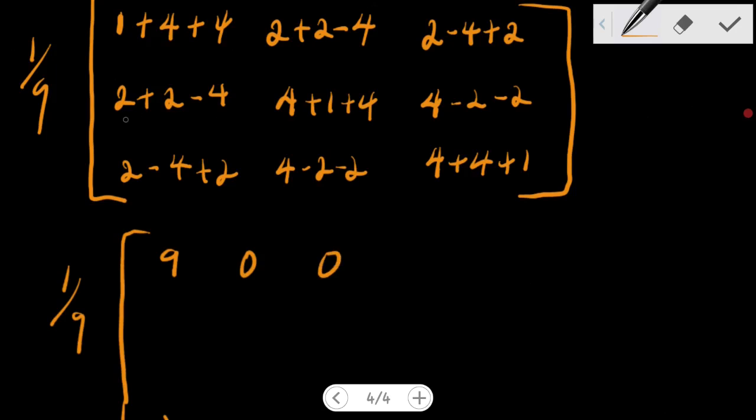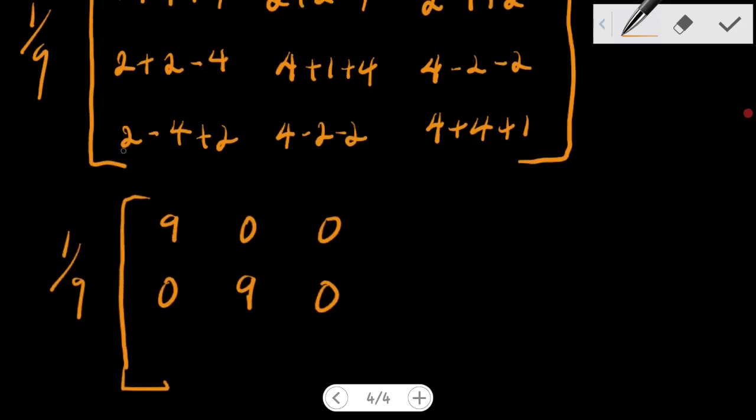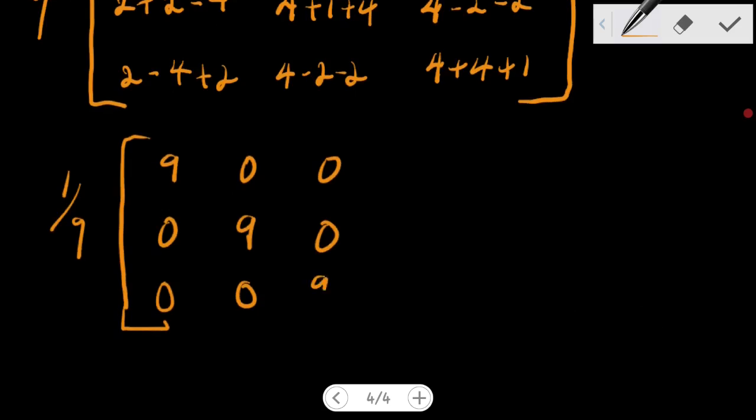Now 4 minus 4 is 0, and this is 9, and this is 0. Also, 2 minus 4 plus 2 gives us 0. Then 4 minus 2 minus 2 is 0. Then 4 plus 4 plus 1 is 9.